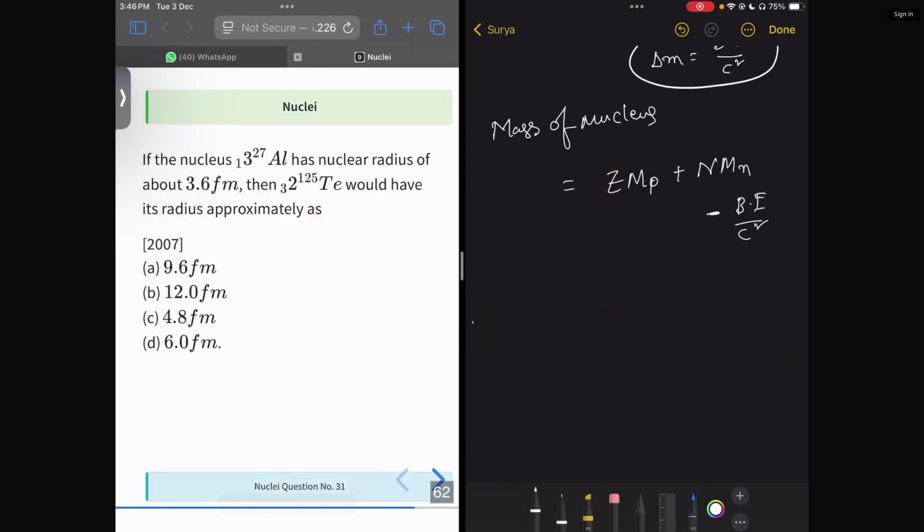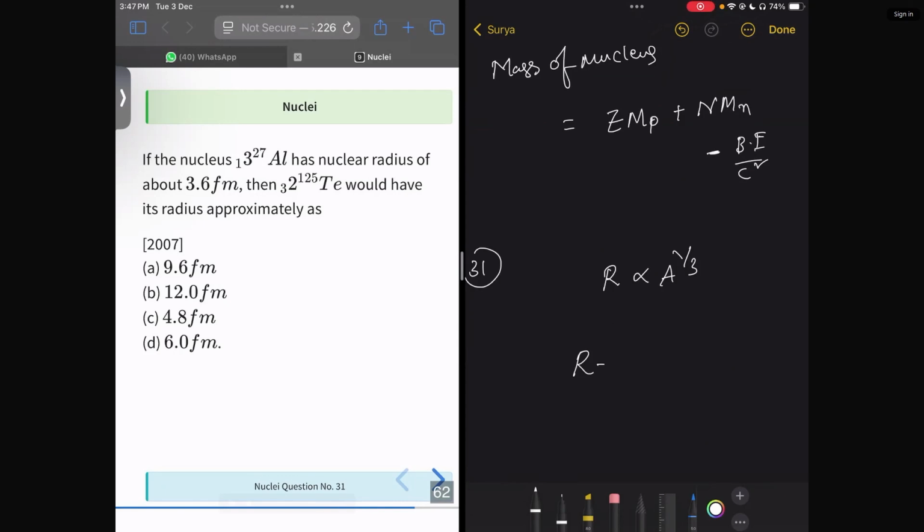So next question. If the aluminum nucleus has a nuclear radius of 3.6 fermi-meter, then another nucleus will have radius of approximately what? Radius is proportional to A power 1/3, so R is equal to R naught into A power 1/3.